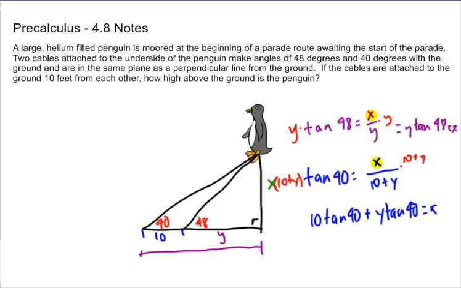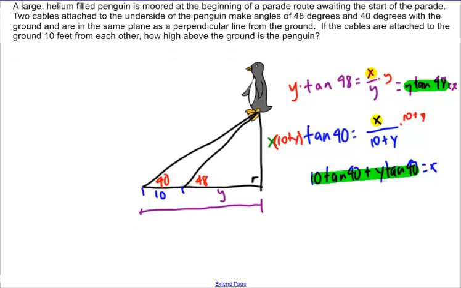And here's the cool thing. If this guy equals x and this guy equals x, then we can set them equal to each other. And so that's the actual problem that we're going to work. So what we're actually going to deal with is 10 tan 40 plus y tan 40 is equal to y tan 48.